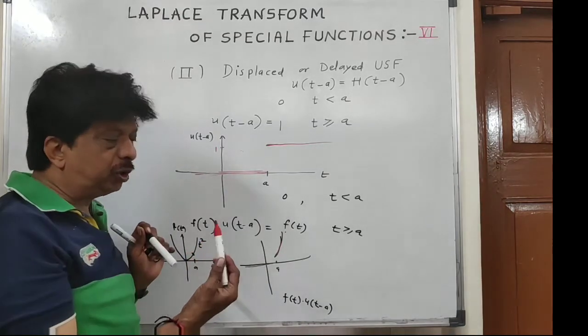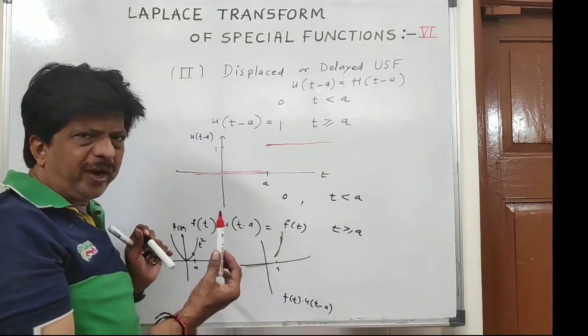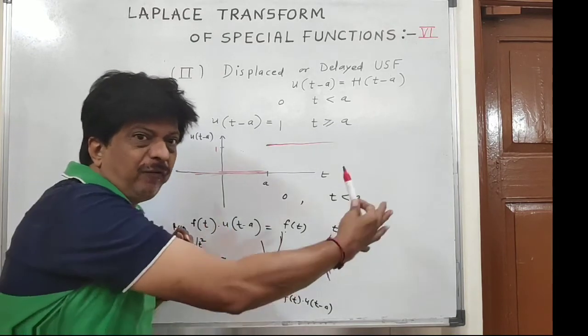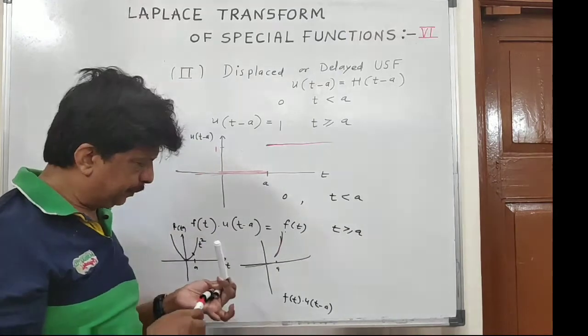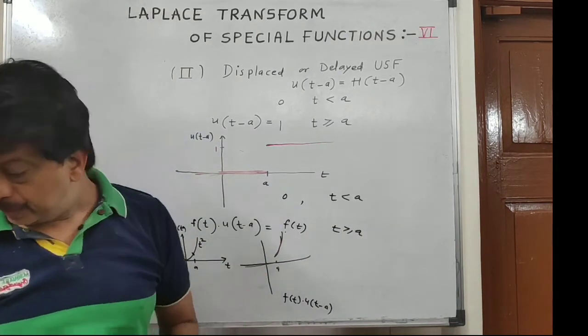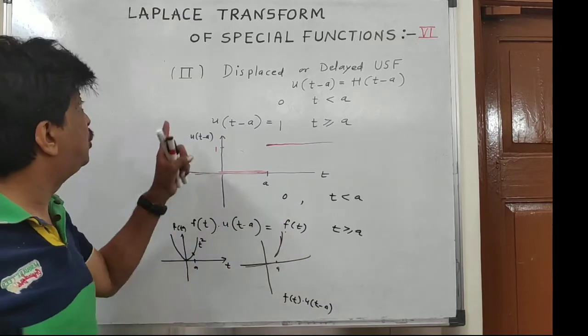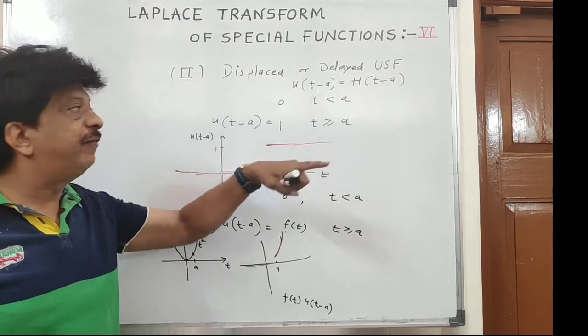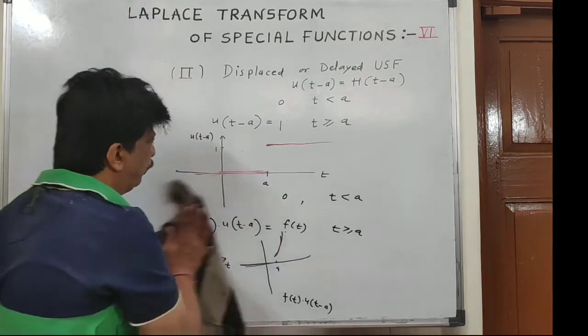So, it allows the signal f of t towards the right of t equal to a. So, that is how we define the effect of multiplication of this delayed or displaced unit step function with any arbitrary function.